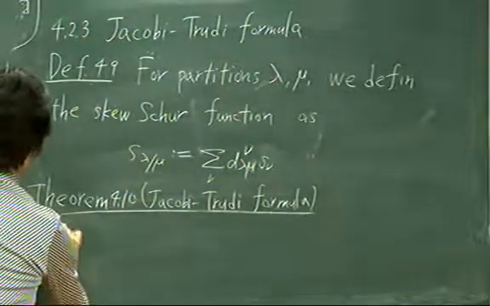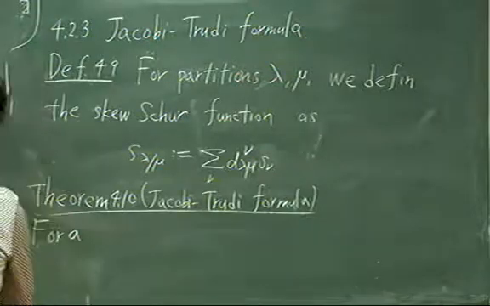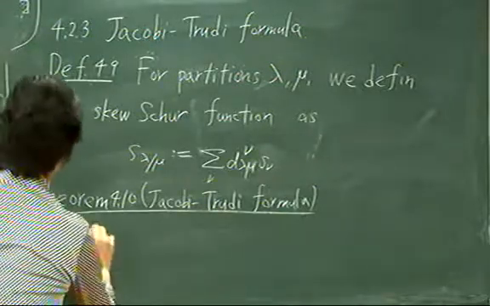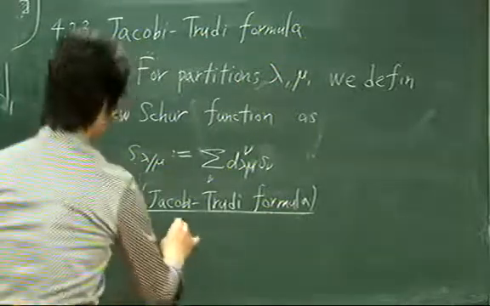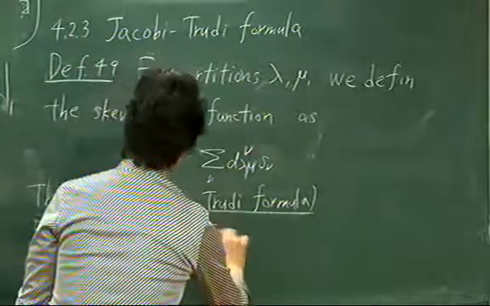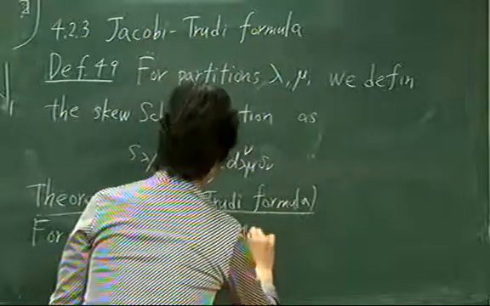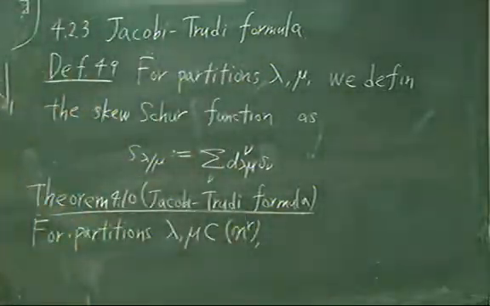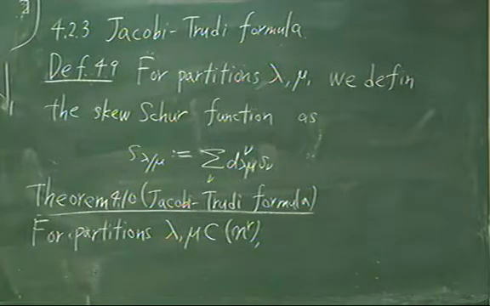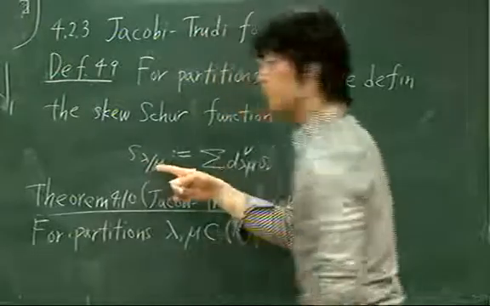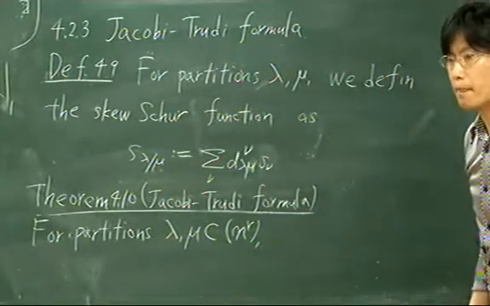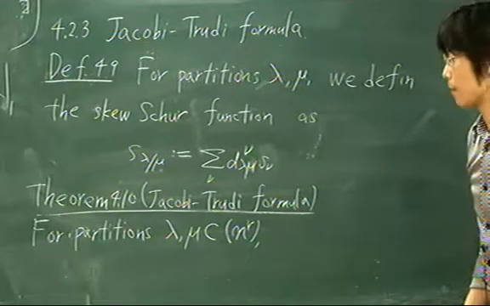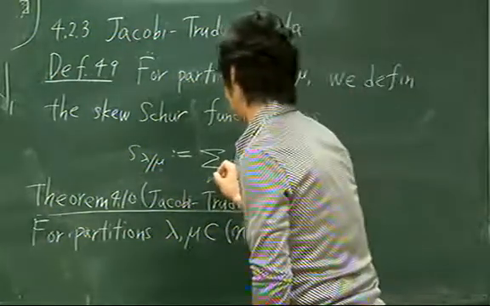For partitions lambda and mu contained in the rectangle of r times n, what is this S lambda over mu? This is a skew Schur function. But you are summing over all nu.